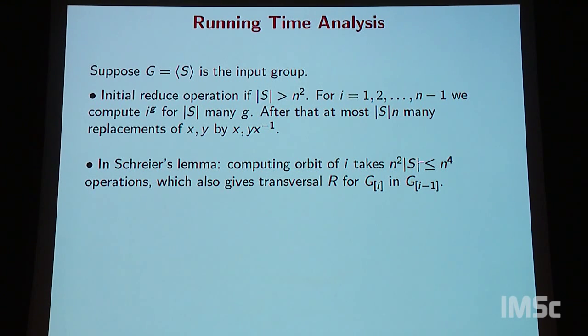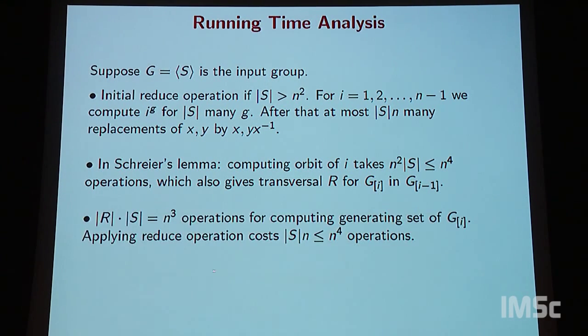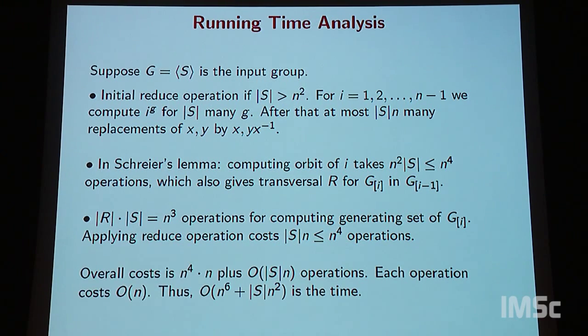I'm assuming cardinality S is at most n square because I'll start with a reduce. And every time I descend the tower of stabilizers by applying Schreier's lemma, cardinality S grows to n cube, but I'll beat it down to n square by using this. And that costs n to the power 4 operations.